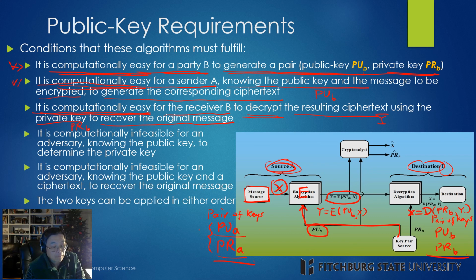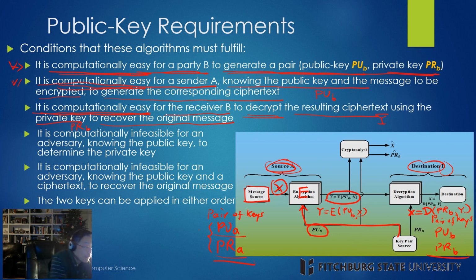I forgot the actual number, but it will take more than a million billion years to test the primality of a number. That's basically called computationally infeasible. Even though theoretically it's always possible, it's computationally infeasible. So when you say computationally easy, that means it should be very quick to do the job.